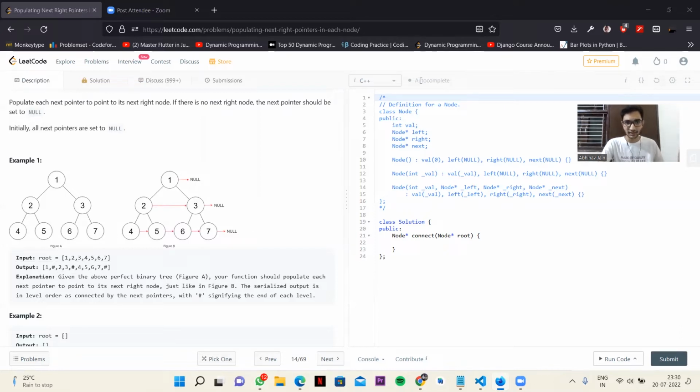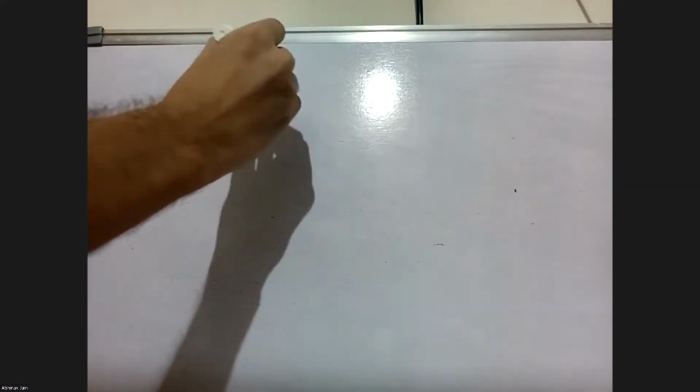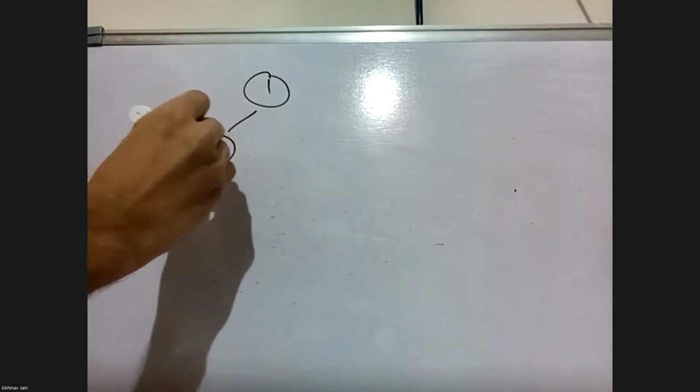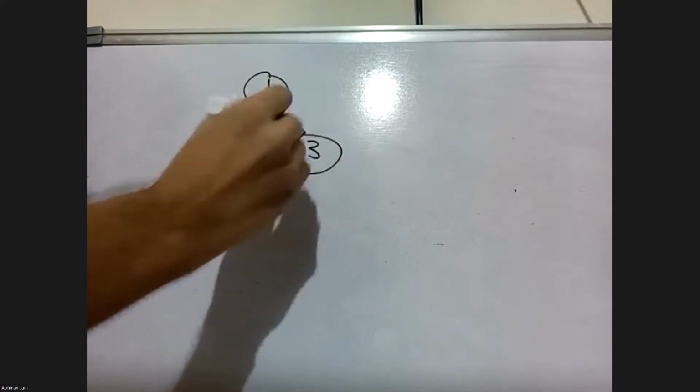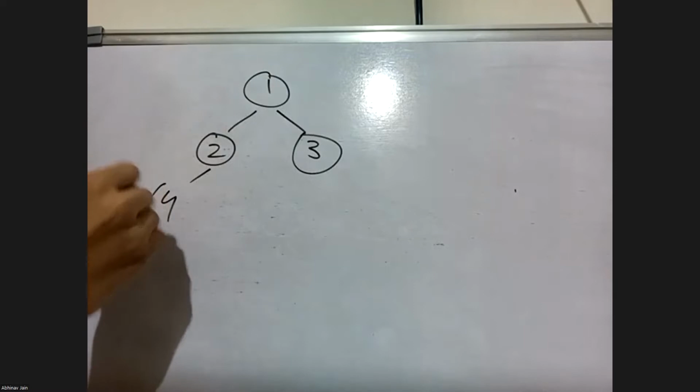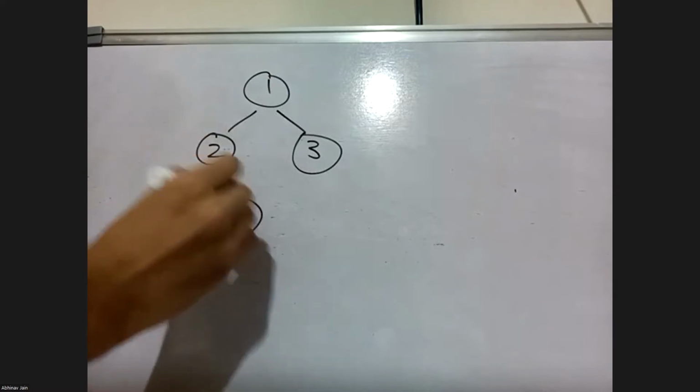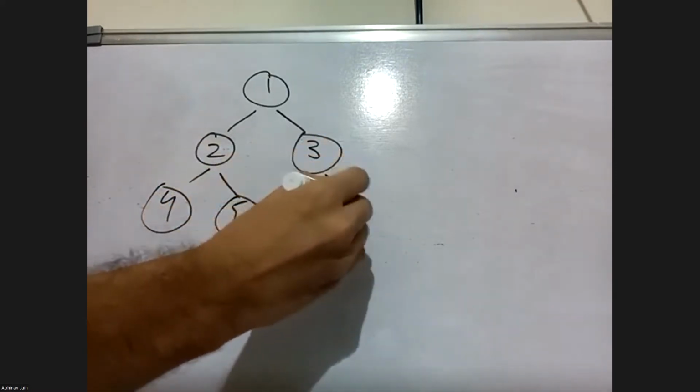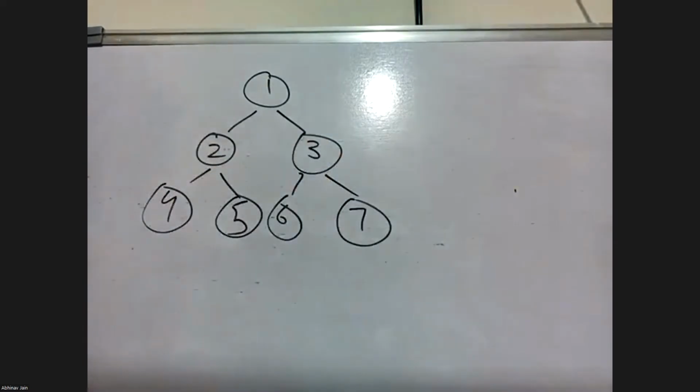We have to understand this problem because it is a bit tricky. So let's first understand the problem a little bit. Let's say this is our perfect binary tree. This is a balanced perfect binary tree.